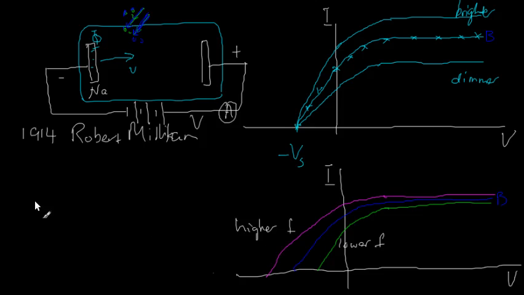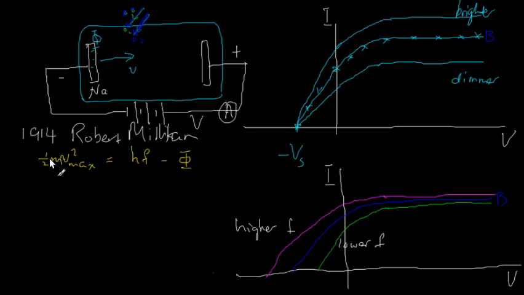Now, to see how this was done, recall that in Einstein's equation, the maximum kinetic energy is equal to the photon energy minus the work function, right?